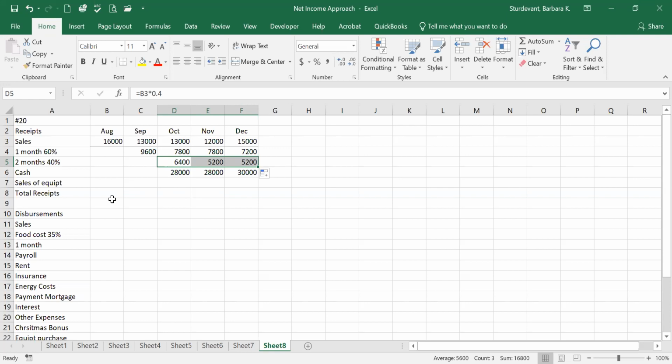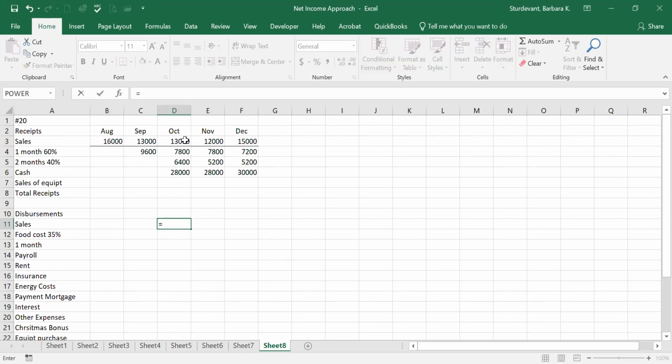Purchases were 35% of total revenue. So I'm going to go down here. We're going to just add up our sales. So I'm going to add the credit sales for the month plus the cash sales for the month, just to get my total sales.